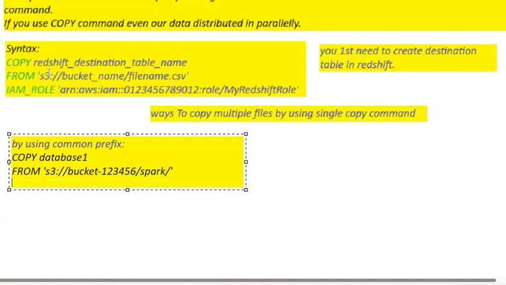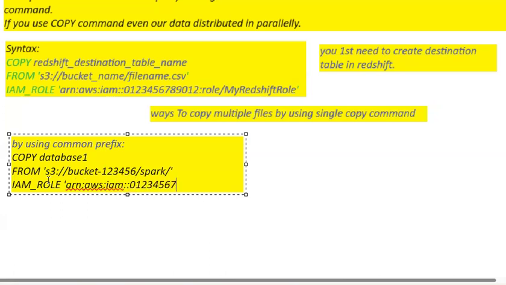Or else, after Spark, whatever prefix or suffix is coming, all the files with that name will be copied to database 1. So I need to write this command. Now at last you need to provide an IAM role as well. This IAM role will contain an Amazon Resource Name, which you write as arn:aws:iam::012345678.